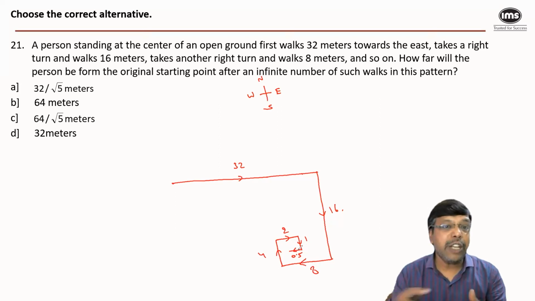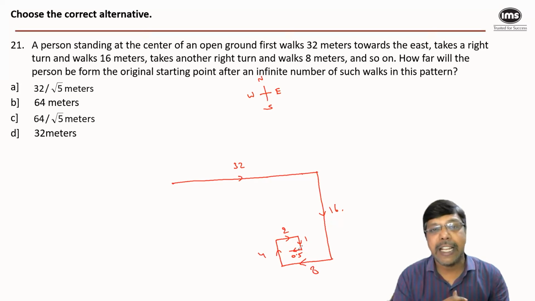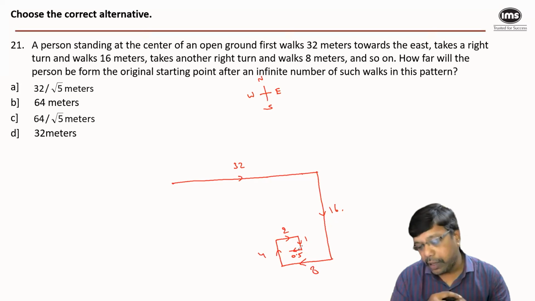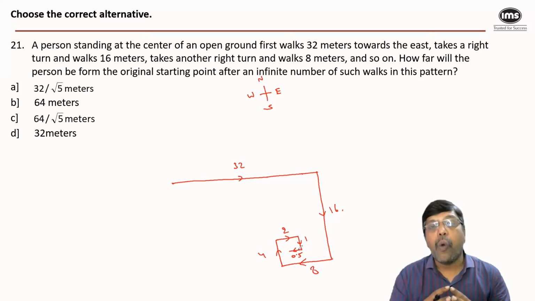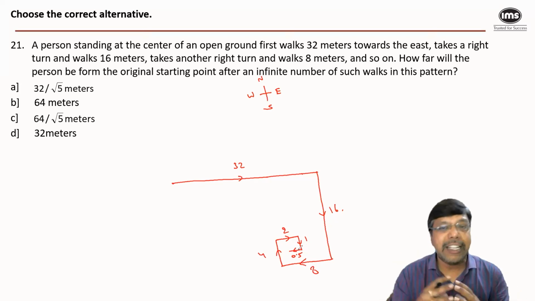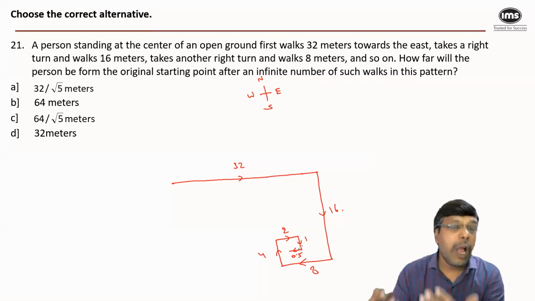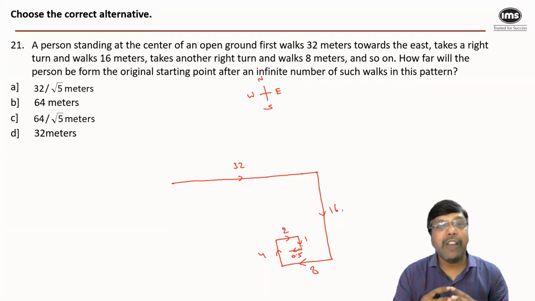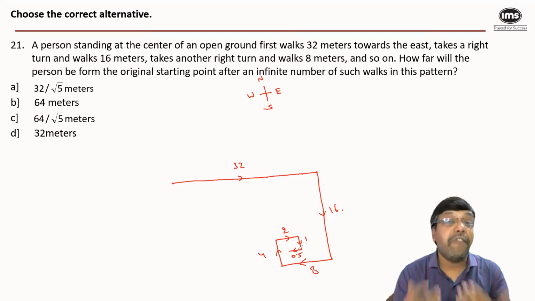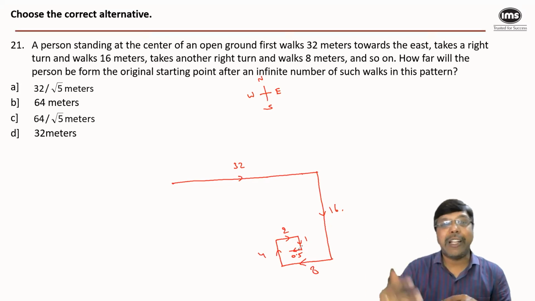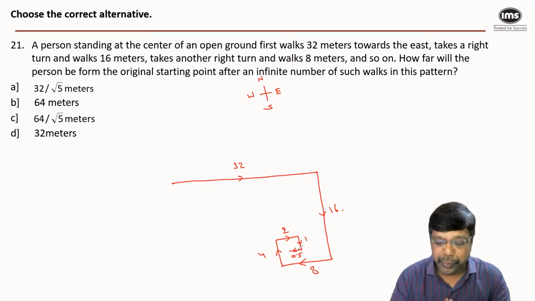And since I need to find by default the shortest distance from the starting point and the ending point, let us calculate what is the overall horizontal distance and overall vertical distance. Then we can calculate the effective distance by applying the Pythagoras rule to those two.